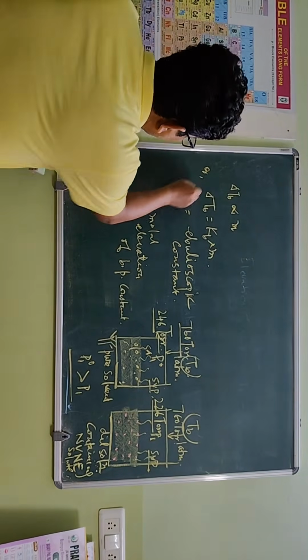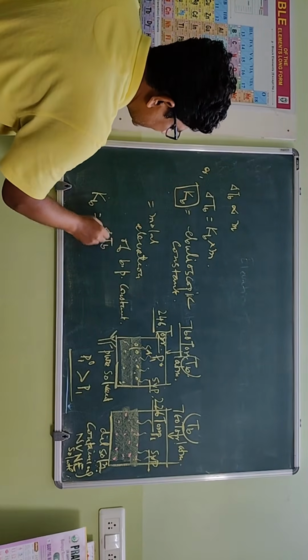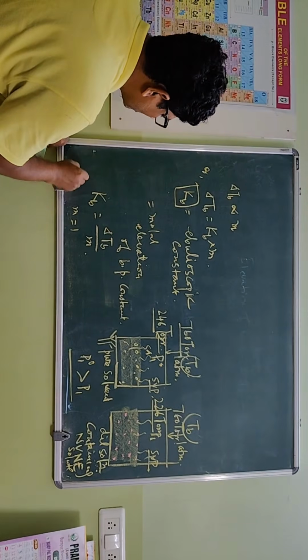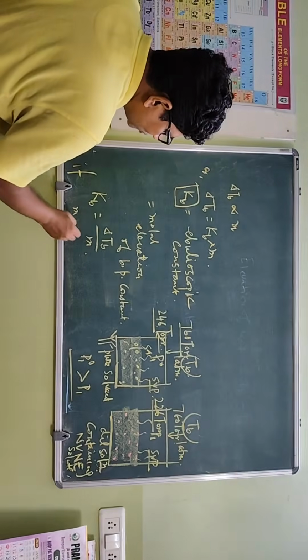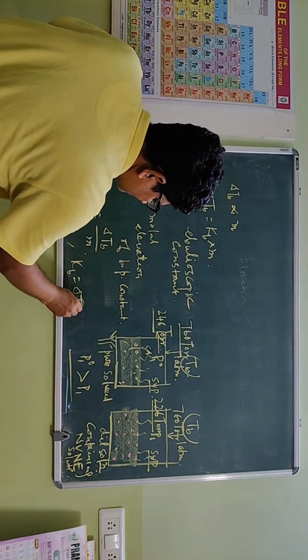You can define Kb. What is Kb? Kb can be defined as delta Tb by m. So if we consider m equals 1, then Kb becomes delta Tb.